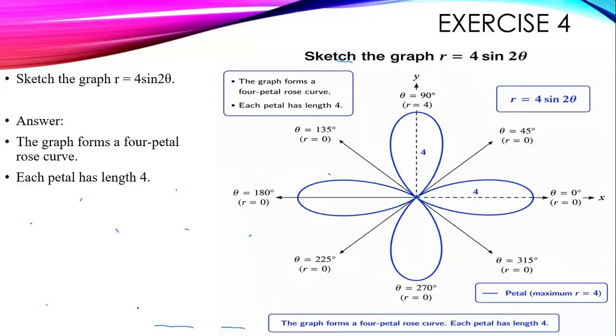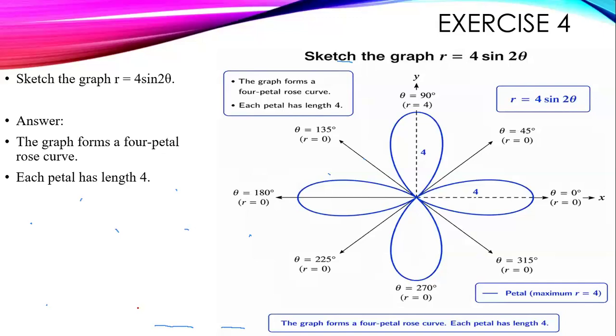So we have our first petal there at 90 degrees, where r is equal to 4. Our second petal at exactly 0 degrees, where r is equal to 0. Third petal, theta is equal to 270 degrees and r is equal to 0.